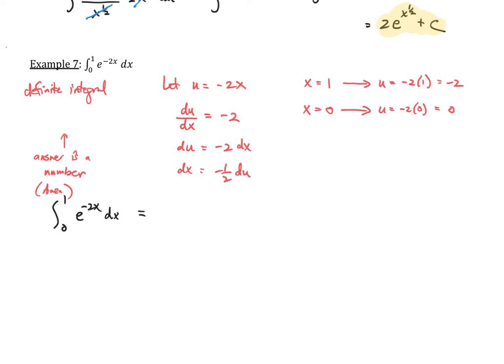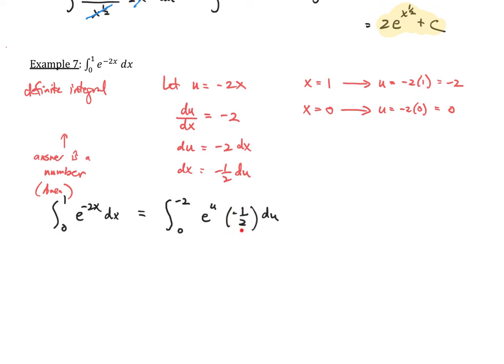So I'm still going to have that integral sign, but instead of the lower and upper limits being 0 and 1, which are x values, they're going to be 0 and negative 2, which are u values. My e part stays the same, but the exponent will now be u, because that was my substitution. And I want to replace the dx with the negative 1/2 du, like that.